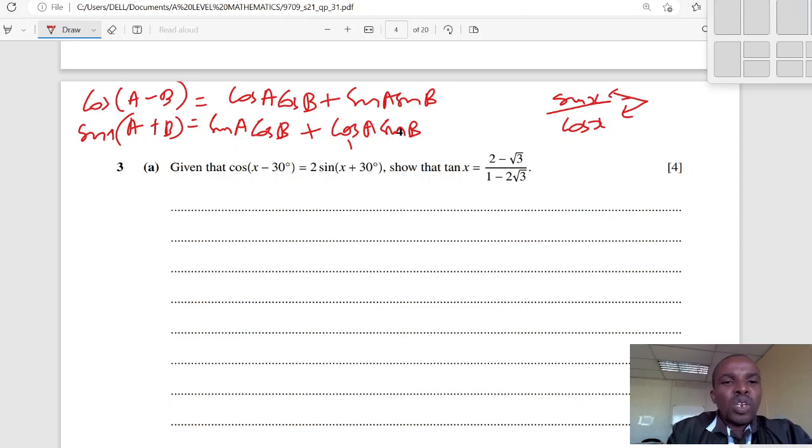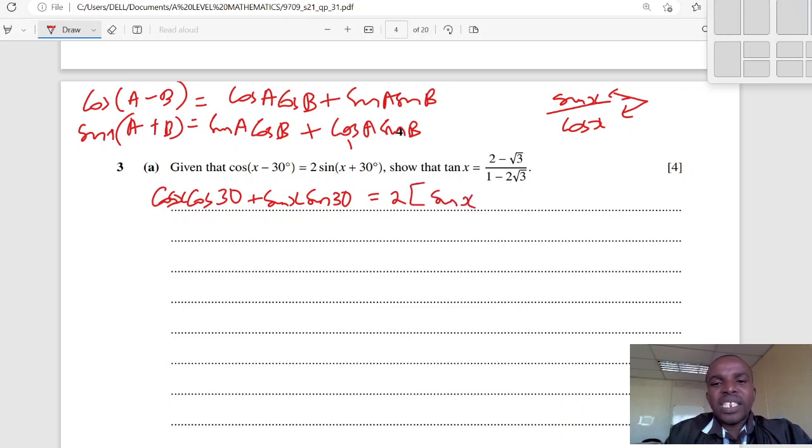So on cos here, I can say cos x cos 30 plus sin x sin 30, equal to 2 times the expansion of sin first: sin x cos 30 plus cos x sin 30. Right, what is cos 30?